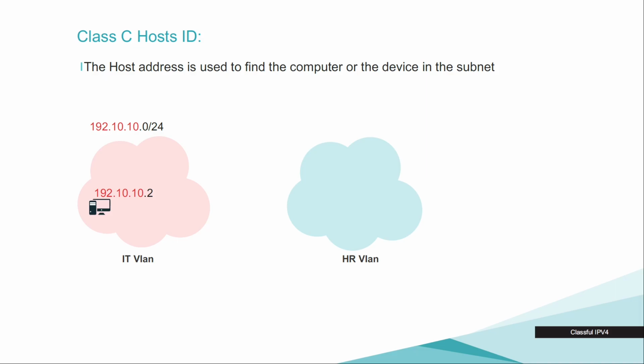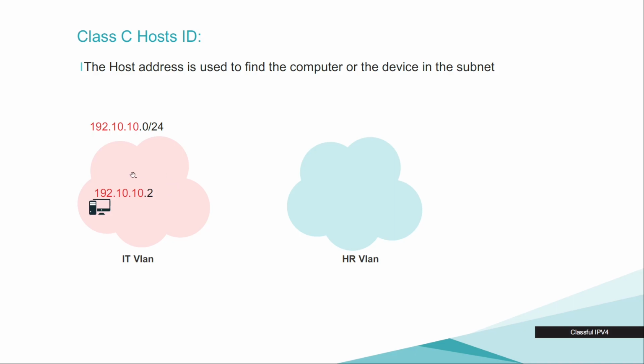Any device on the IT VLAN should start with 192.10.10, which is the network address, and .2 is the host ID. And the host ID can be anything. So for the host ID, we have from .1 up to .254. Anything from that range will be on the IT VLAN.